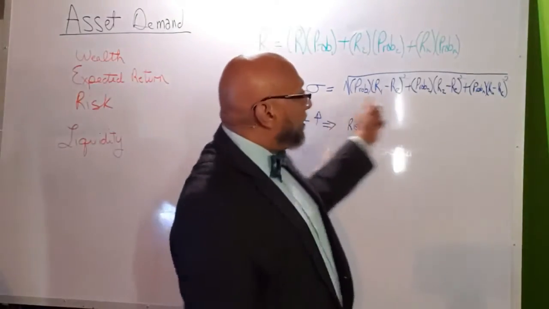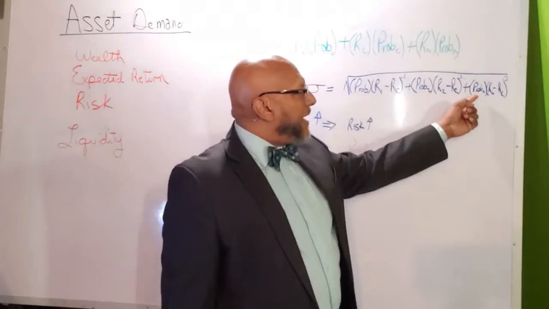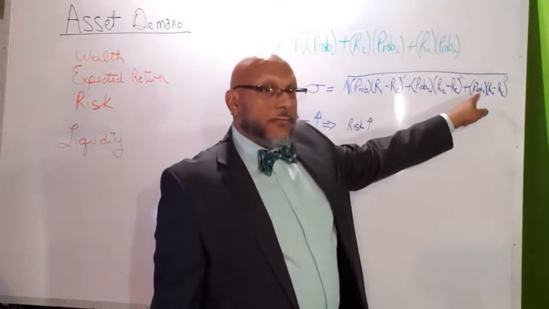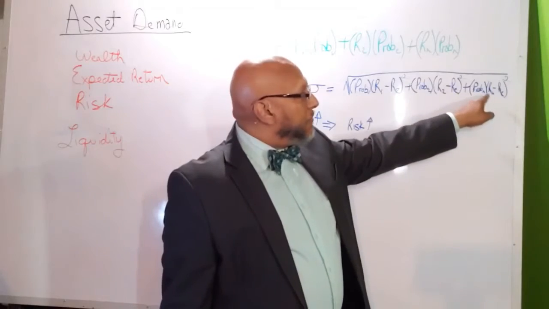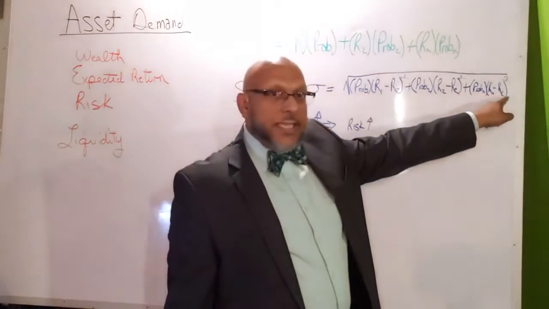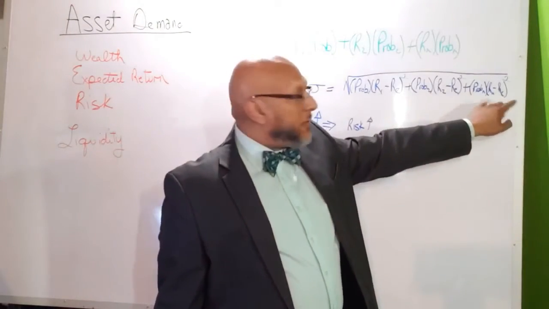When we add those up together, the last factor here is the probability of the nth return times the nth return minus the expected return, squared.